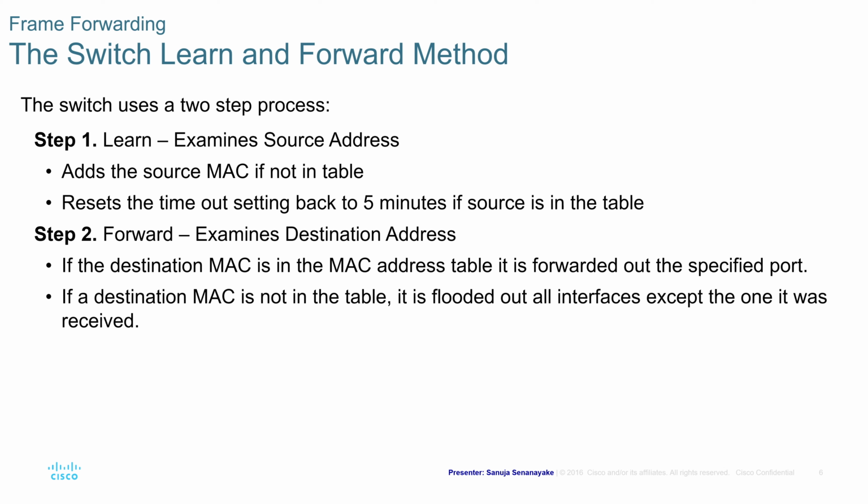It adds the source MAC to the CAM table if it is not in the table, and resets the timeout setting back to 5 minutes if the source is already in the table. So if that particular MAC address is not available, it's going to add it to the table. But if the MAC address is already there, it sees that MAC address and its associated port, and resets the timer back to 5 minutes.